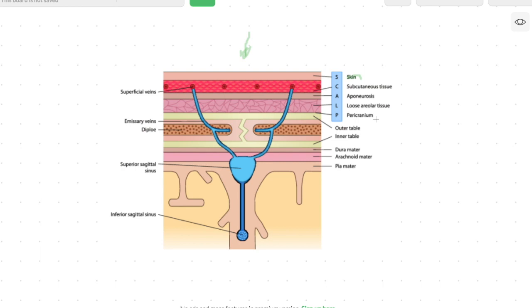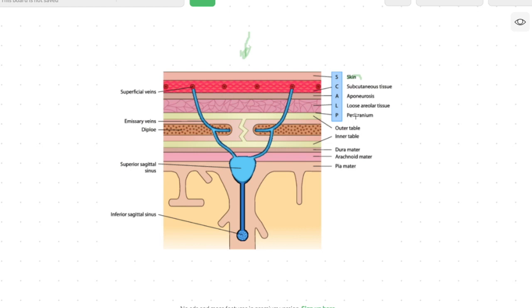There's an important clinical point here, which is related to scalp infection. Remember, if somebody asks you what the danger area of the scalp is, in most OSPEs, in most examinations, the teacher usually asks this.